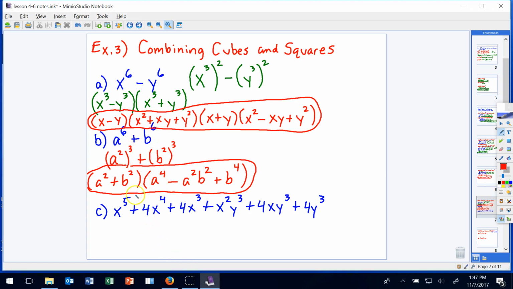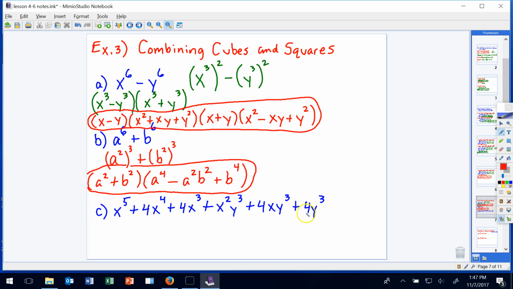Okay, and letter C. Looks like we're going to need to do some grouping first. I guess we should check for GCF, but looks like we're going to have to approach this by doing grouping and then see if we have a combination of cubes and squares. So remember factoring by grouping. Let's see, can we find any commonality among these?